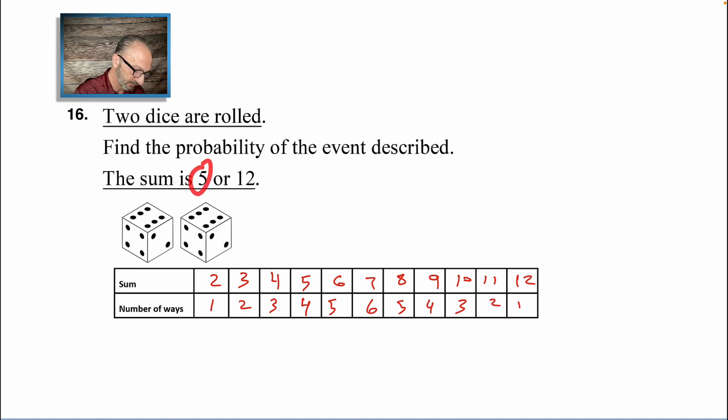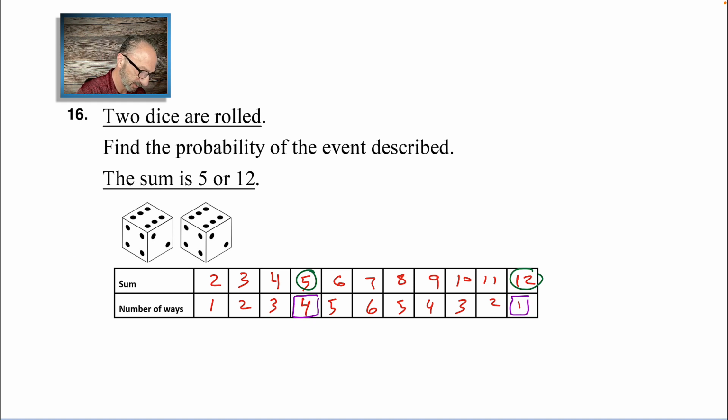The sum of 5 or 12. So let's focus on that. Sum of 5 and sum of 12. We get 4 different ways to get a sum of 5 and 1 way to get a sum of 12.